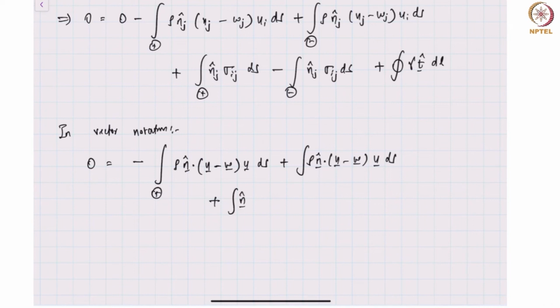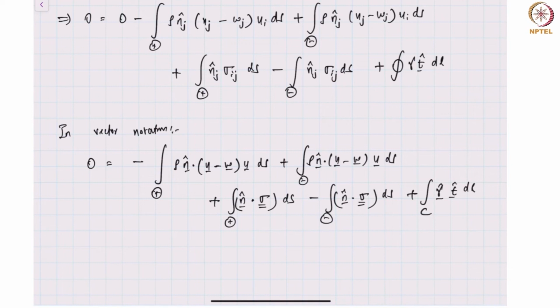There's a dot there. So that's my expression in vector notation.